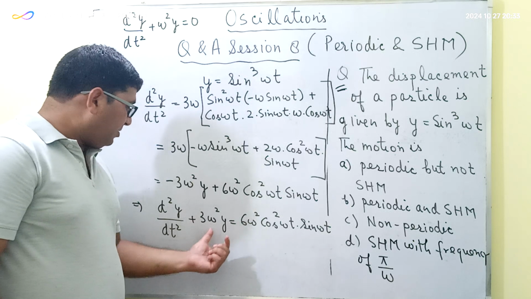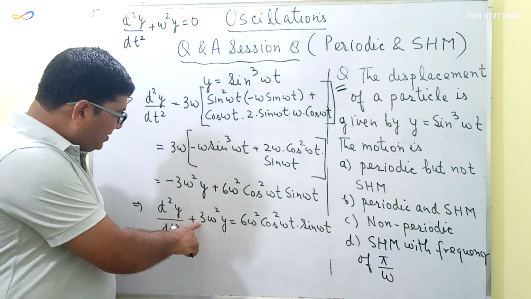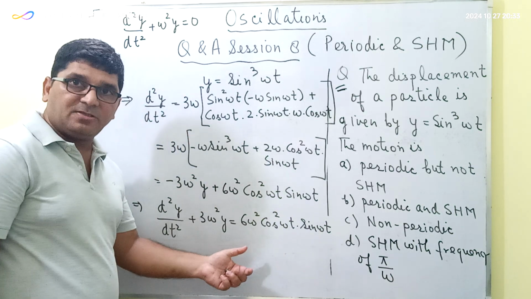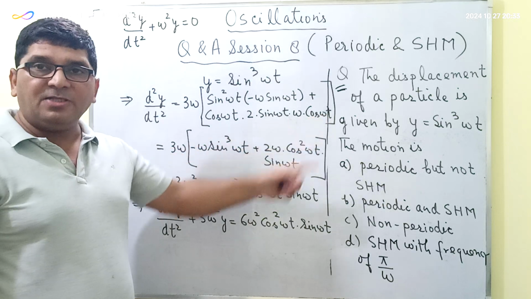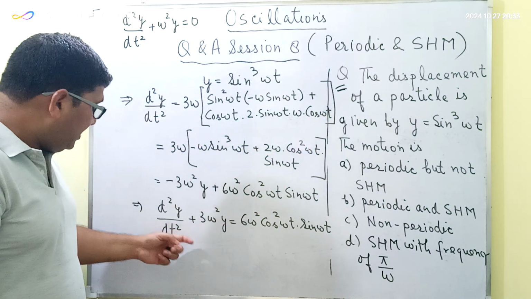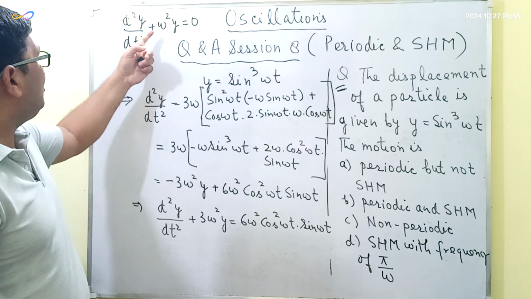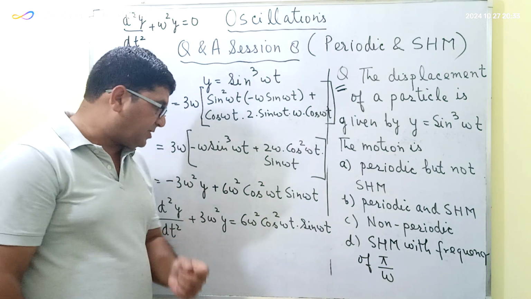If this term was equal to 0, that is d square y upon dt square plus 3 omega square y is equal to 0, then this motion would have been a simple harmonic motion. So we can see that this equation is not resembling the equation of the acceleration of a particle executing simple harmonic motion.